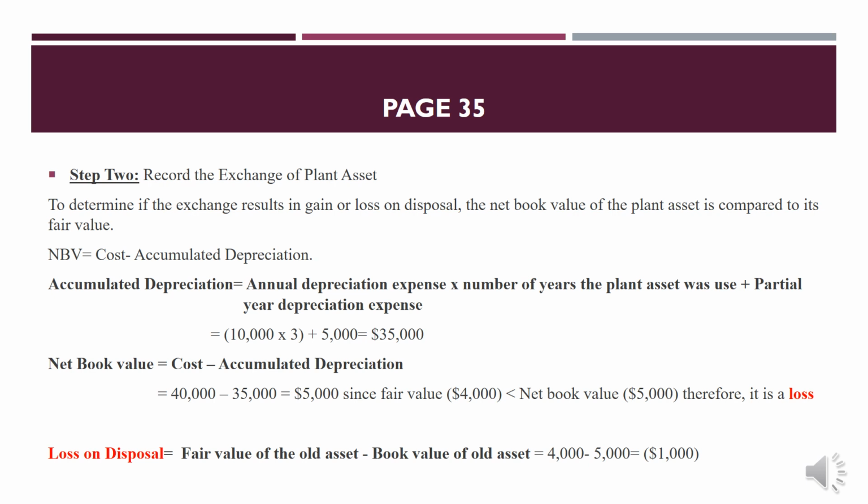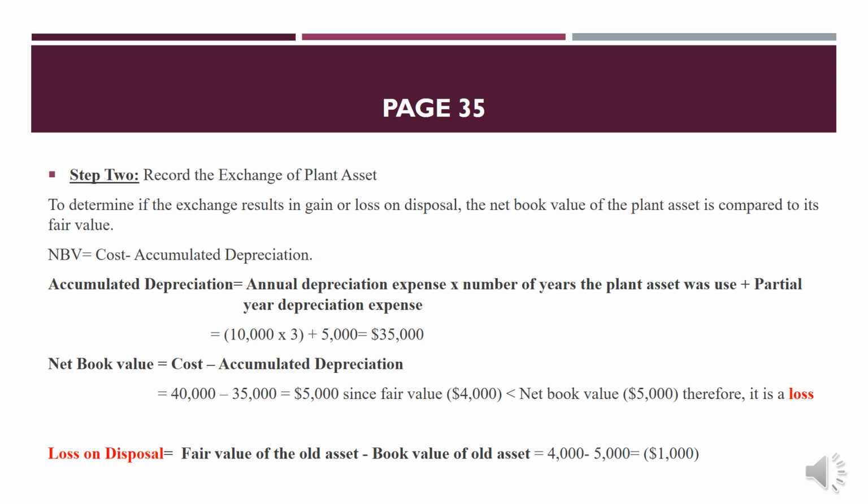As explained, we need to compare the net book value of the plant asset to its fair value. The net book value is the cost minus accumulated depreciation. The accumulated depreciation is $35,000. So $40,000 minus $35,000, we have $5,000 of net book value. Compared to the fair value, this amount is higher. The fair value based on the given is $4,000. What does this mean?